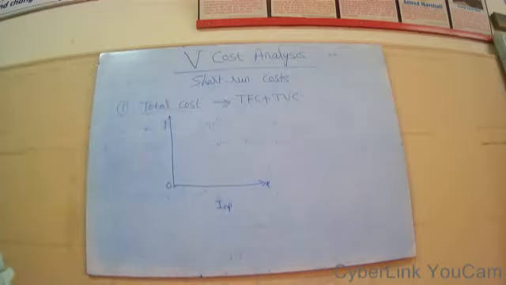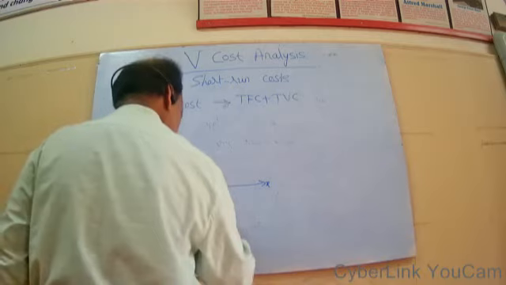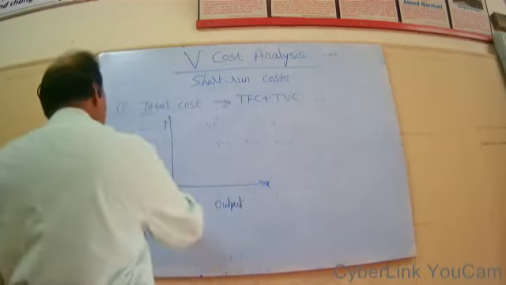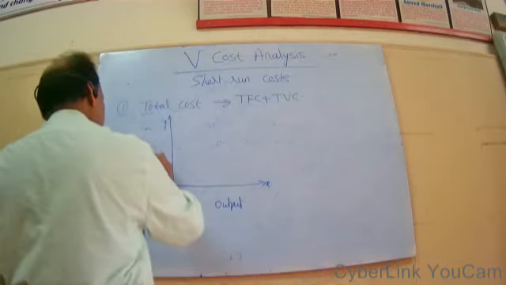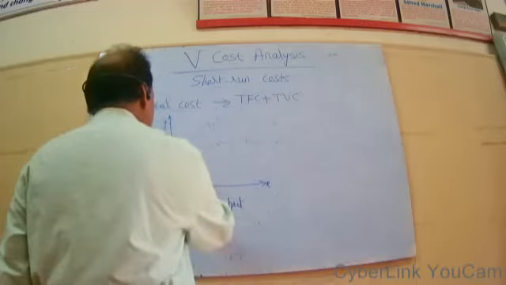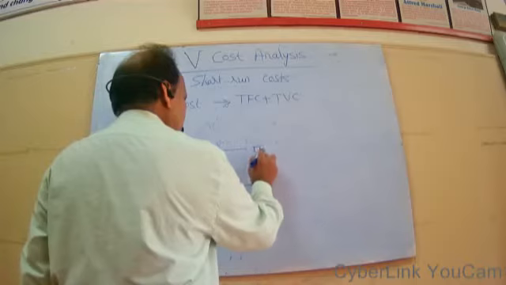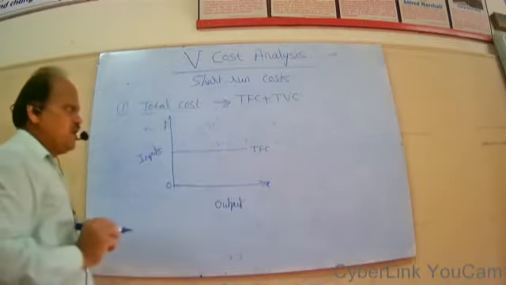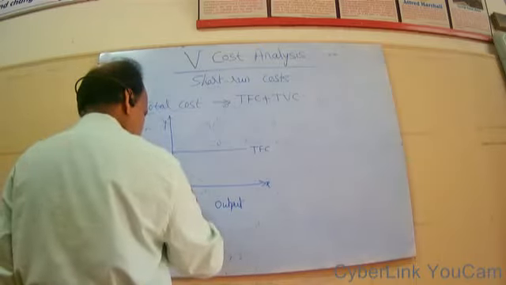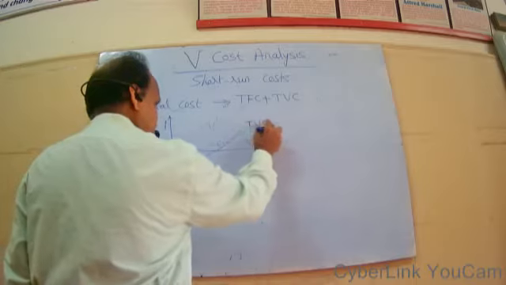So here, output, inputs. So total fixed cost curve will be like this. TFC here represents total fixed cost curve. Then total variable cost curve will be like this, TVC.